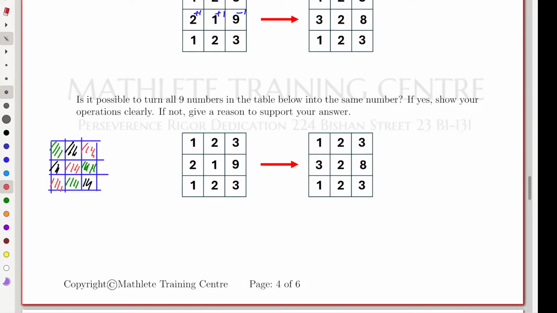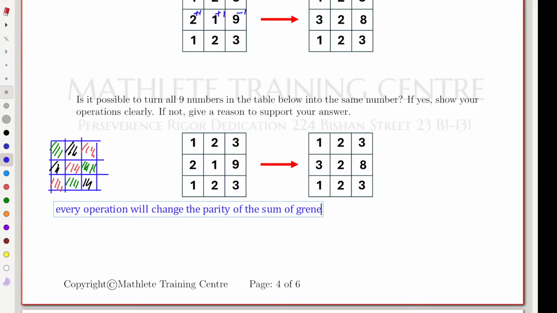Now, here's the thing. Every operation will do the same thing to the sum of the green color, sum of the black color, and sum of the red color. Right, so every operation will change the parity of the sum of green, sum of red, and then sum of black.